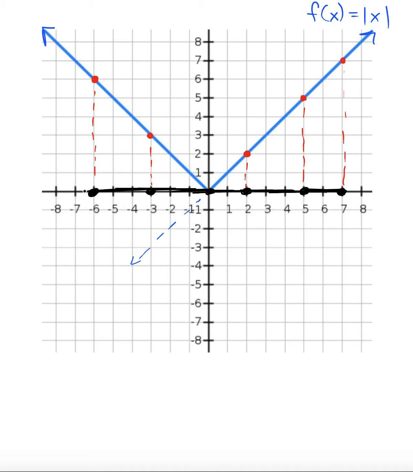So this is a visual picture of our domain on the number line. And it's just a one-dimensional thing. It's on the x-axis, so these are x input values. And it could certainly go on forever in the positive direction and the negative direction.